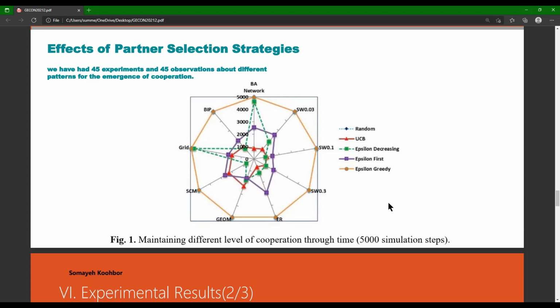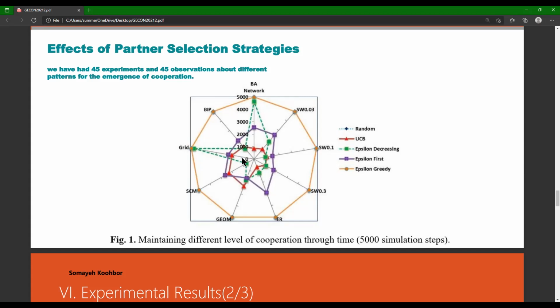And this plot in particular shows that UCB in general is able to deliver us a higher percentage of mutual cooperation in the population, which we will see in the next slide, but in a shorter time.